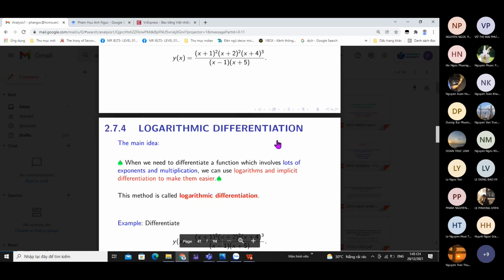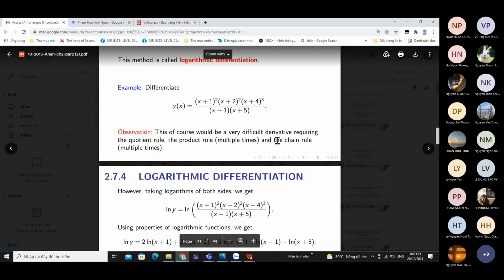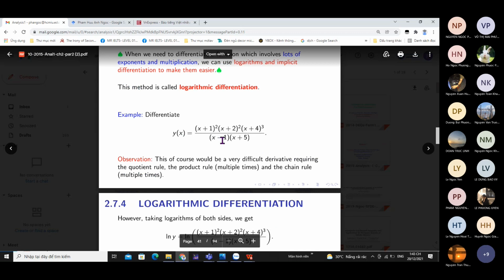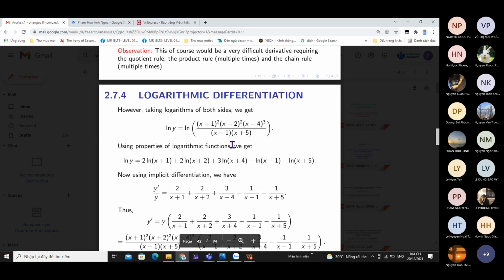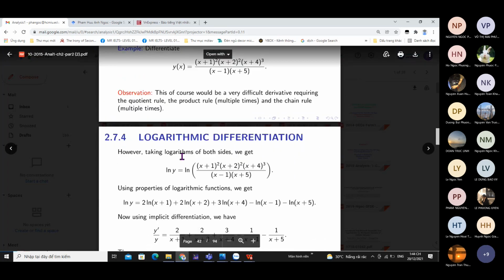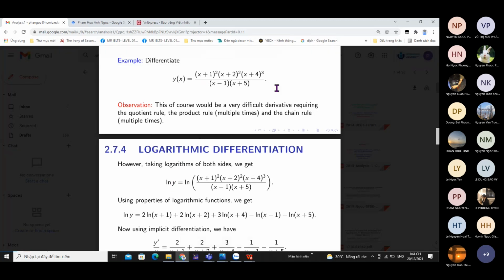Now, I give you an example. To evaluate the derivative of the function y given by x plus 1 squared, x plus 2 squared, and times x plus 4 cubed, all divided by the product x minus 1 times x plus 5. First, we take the logarithm of both sides of the above equation, and you have got natural log of y equals natural log of the quotient on the right hand side.